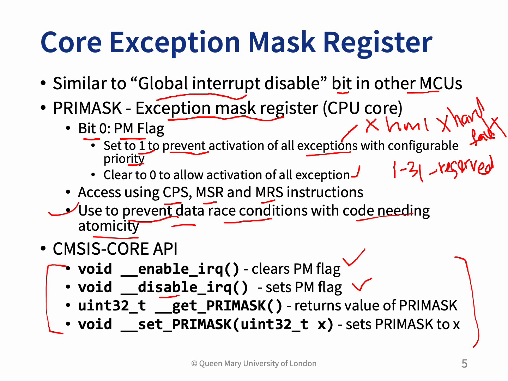And when we enable, we should clear the PM flag. So we set the PM flag to disable, and enable the interrupt by clearing bit 0. Then we can use get PRIMASK to return the value of PRIMASK. And finally, we can also set the PRIMASK to X as an example.